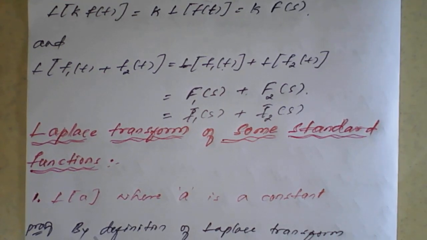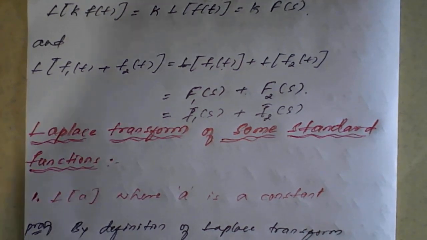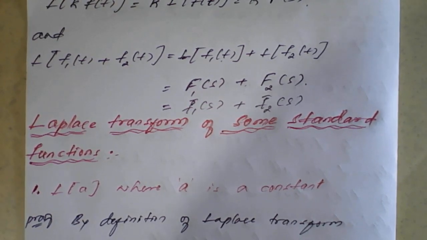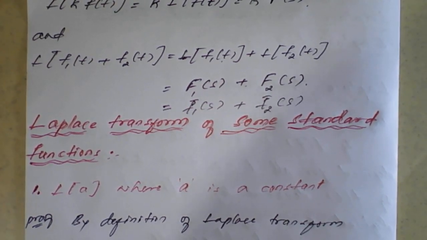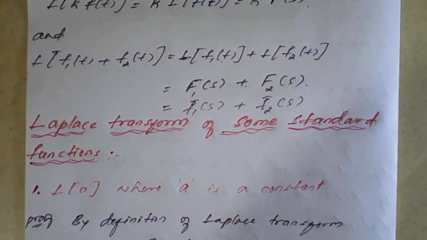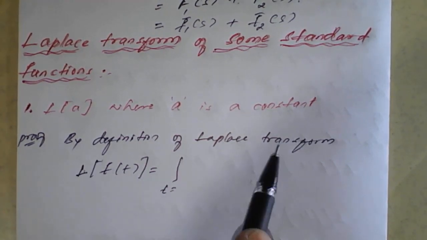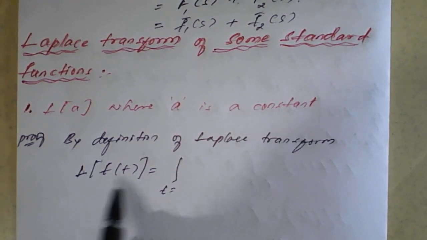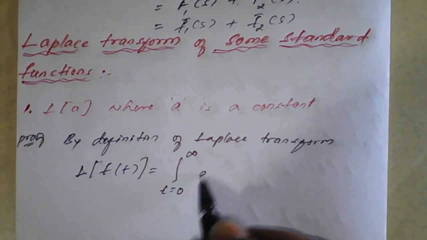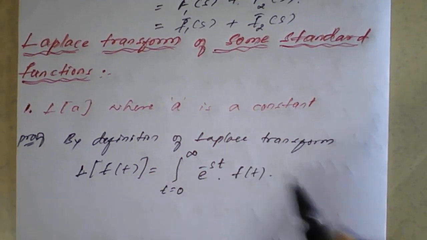So we know that by definition of Laplace transform, what is the definition of Laplace transform here? Laplace transform of function f of t is given by the integration, t from 0 to infinity, e raised to minus st into f of t into dt.